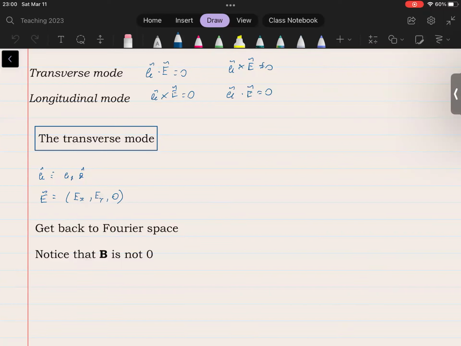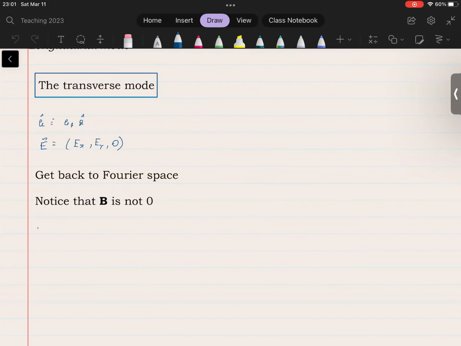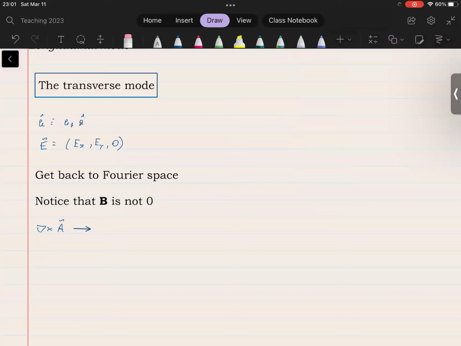The reason why we see that is from Maxwell's equation. Remember that del cross A, where A is any vector in Fourier space, turns into IK cross A Fourier transform.